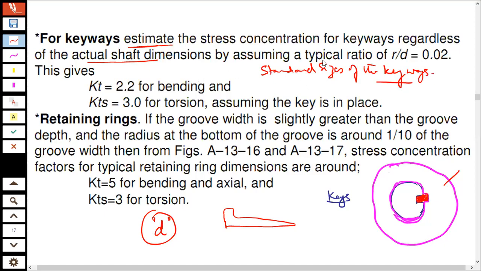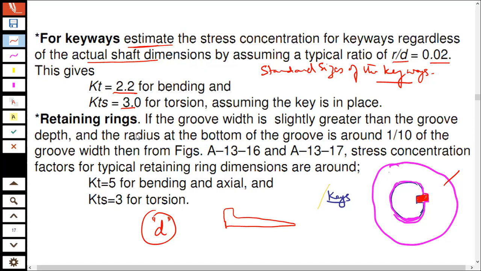Okay. Assuming a typical ratio of r/d equal to 0.02, the stress concentration in bending is 2.2, and the stress concentration in torsion is 3, assuming that the key is in place, we have inserted the key.